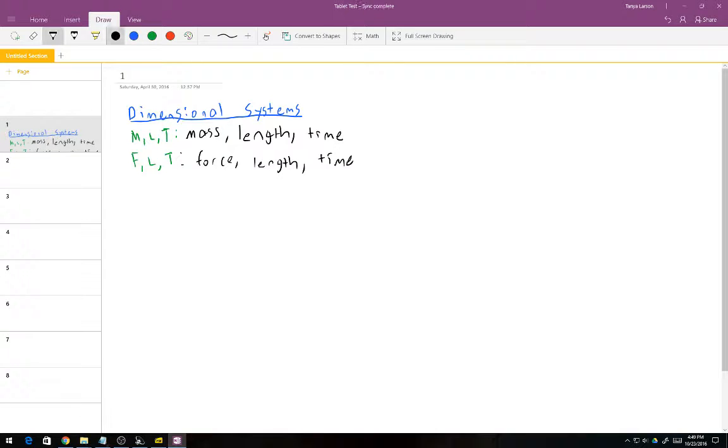Alright, so let's work through an example with dimensions.